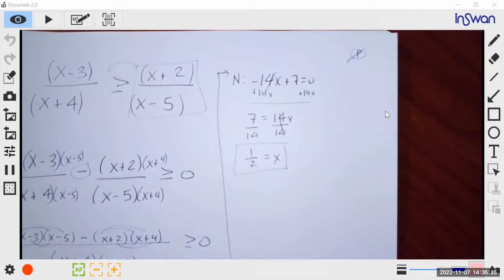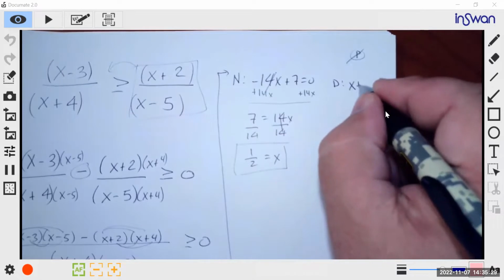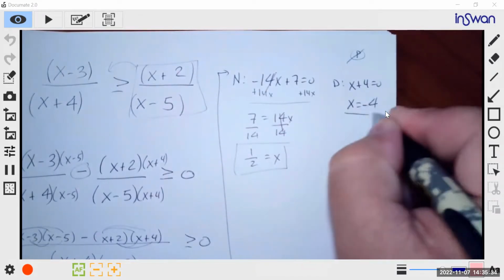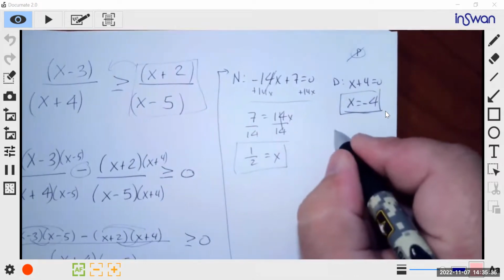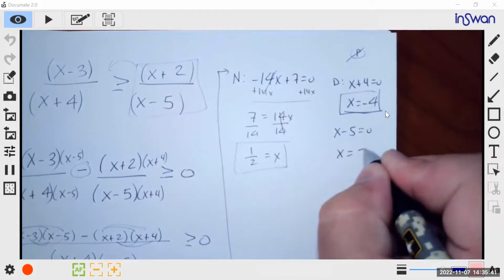Here's my first critical value. My denominators: x plus 4 equals 0, so x equals negative 4. And then x minus 5 equals 0, so x equals 5.